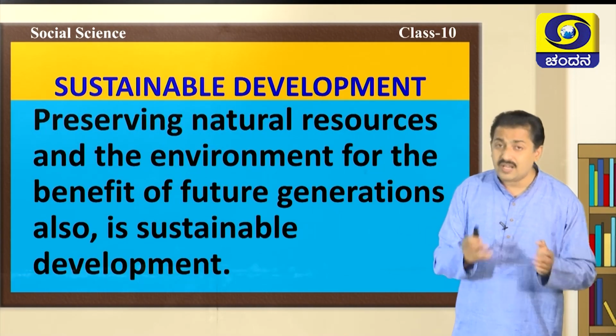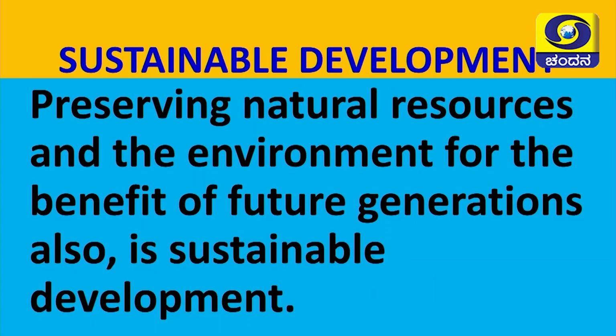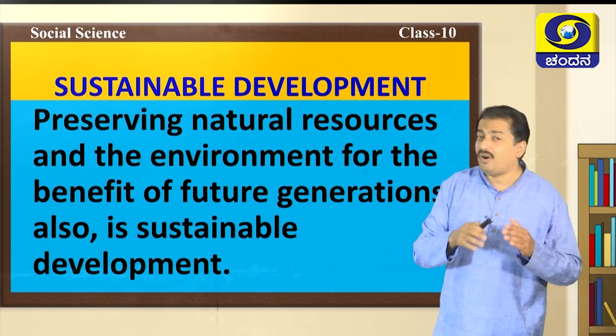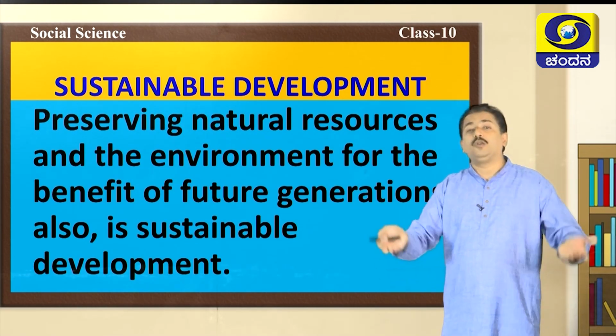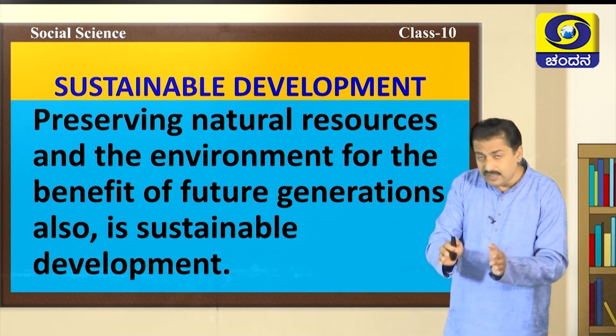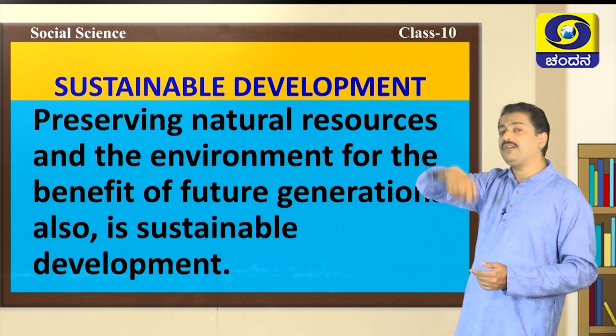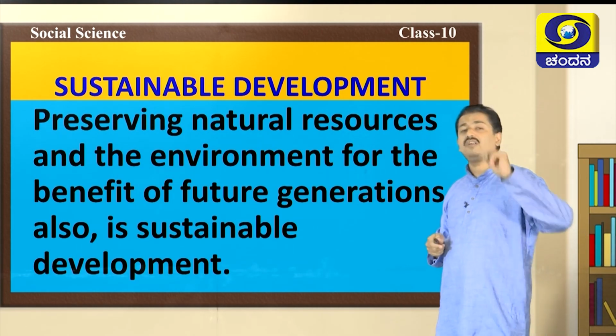What is sustainable development, dear students? Sustainable development means preserving natural resources and the environment for the benefit of future generations also. That means we should not utilize all the natural resources available to the present generation itself. We should keep it for the future generation. The future generation should not blame us, and it should not affect the nature also.